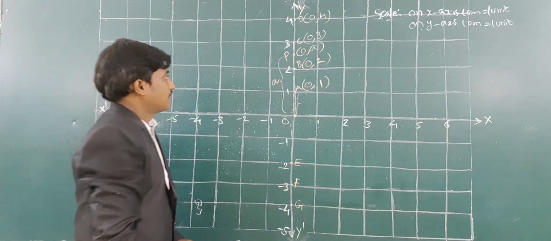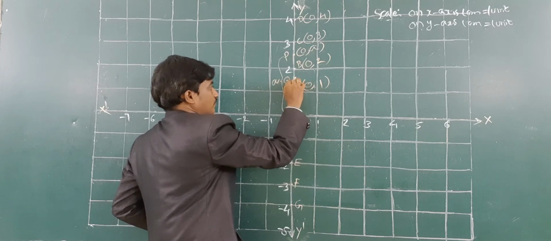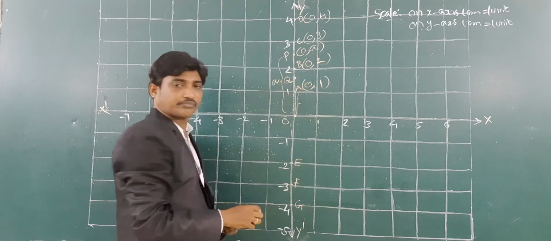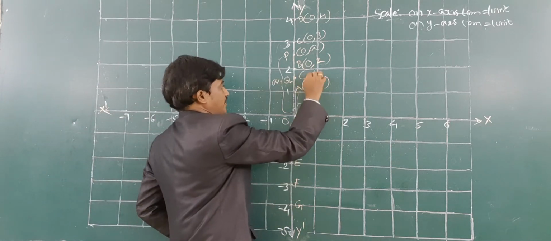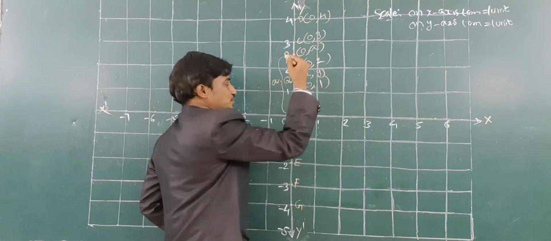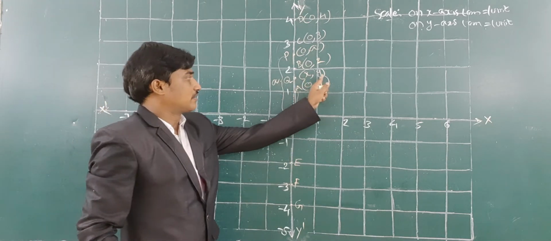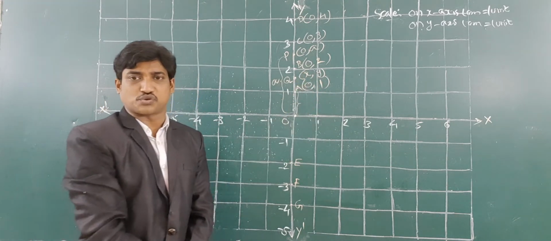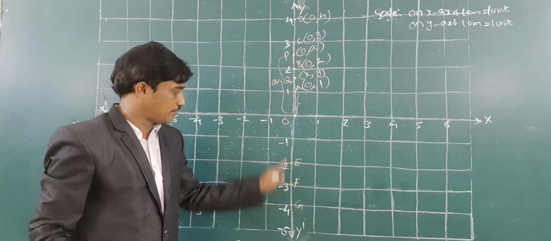If there is a point Q on the x-axis as (x, y), let us know the behavior of the x coordinate and y coordinate. Before that, let us mark the points.